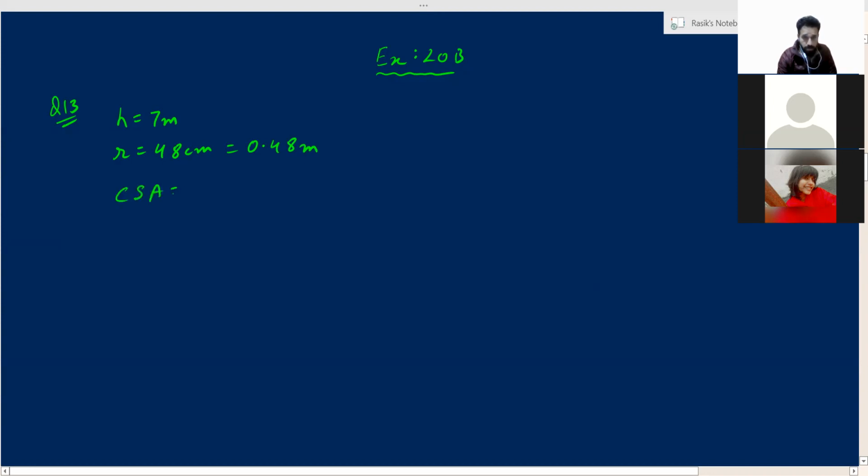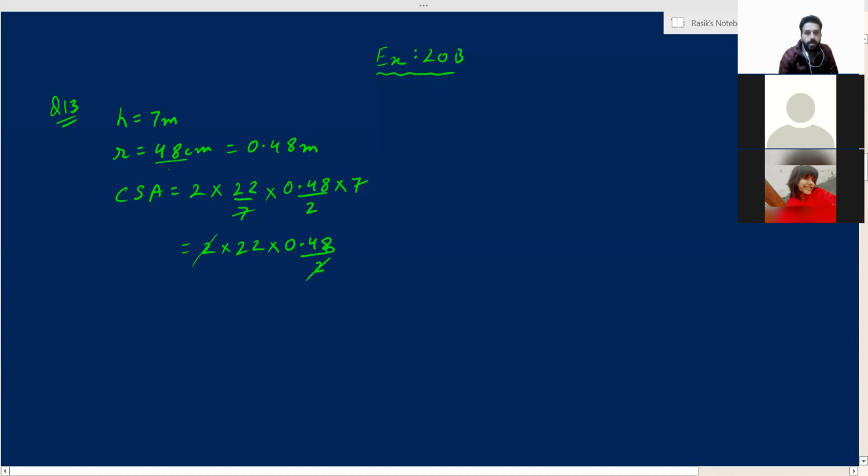Now you will find the CSA. CSA is 2 into 22 upon 7 into R into H, 2 pi RH. So this is the CSA of one pillar. 2 into 22 into 0.48. Sir, 0.48 is the diameter. Diameter, so we will divide the diameter by 2 to get the radius.